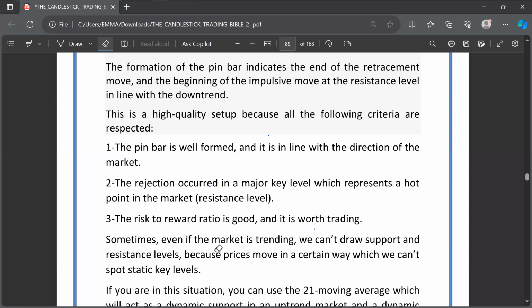Sometimes, even if the market is trending, we can't draw support and resistance levels because prices move in a certain way in which we cannot spot static key levels. I was saying in previous videos that when you are drawing your trend lines, don't force them to meet levels where you think the line is not actually touching.